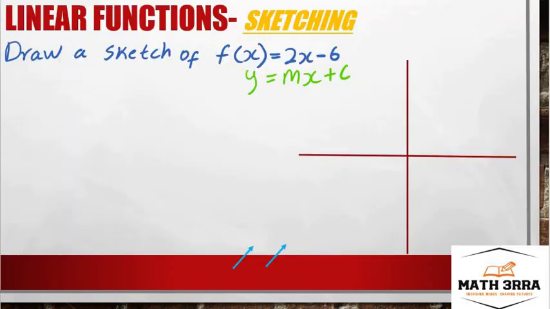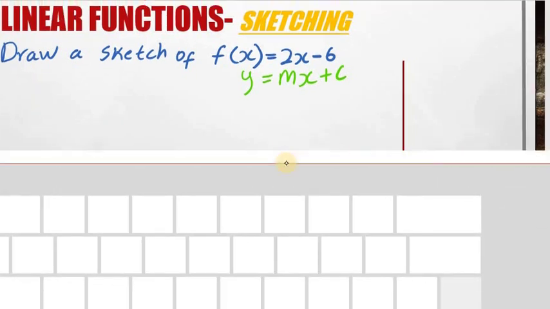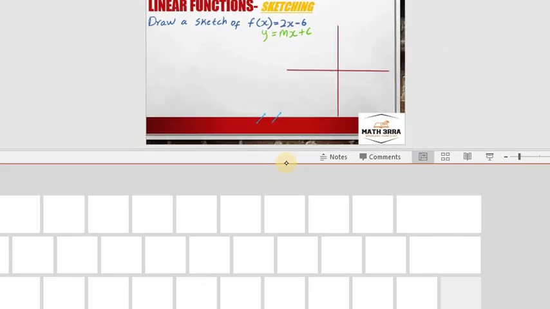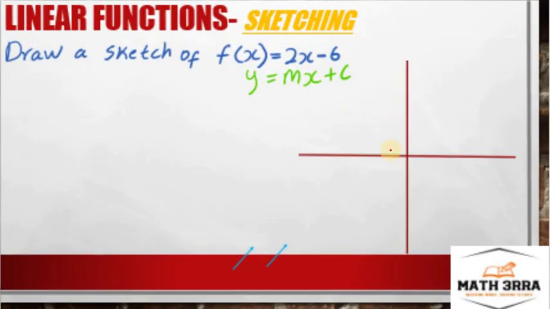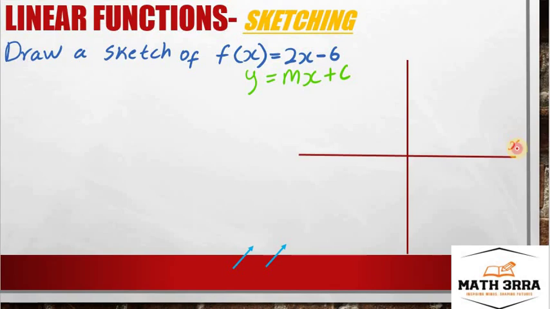When calculating the x and y intercepts, it's very important for us to remember that this here is our x-axis, and that there is our y-axis, with it being continuous as we know graphs to be.